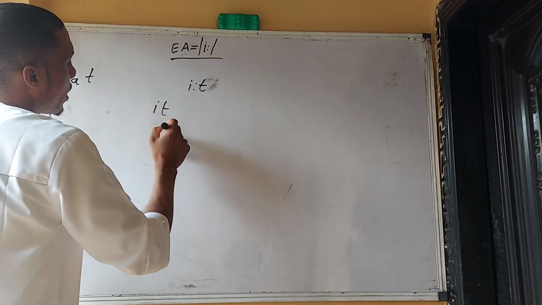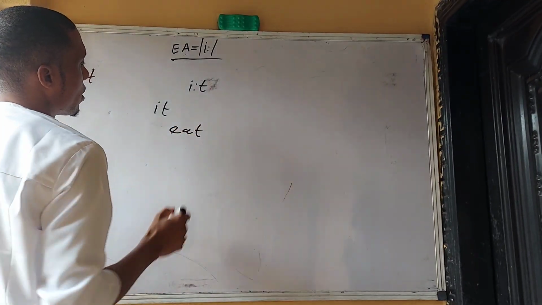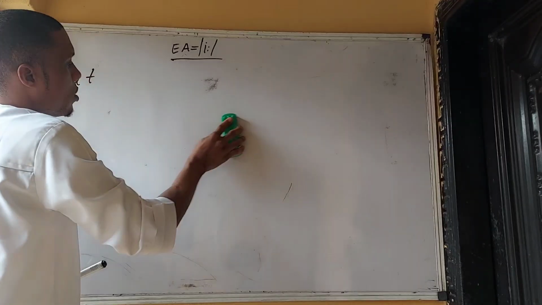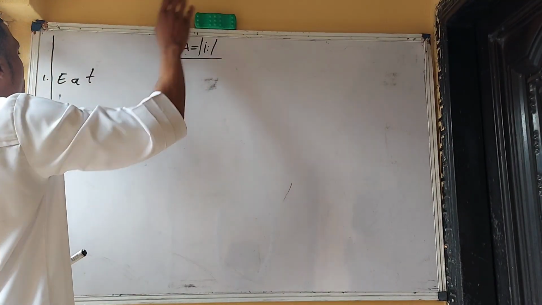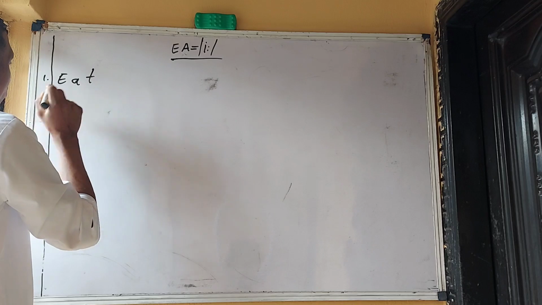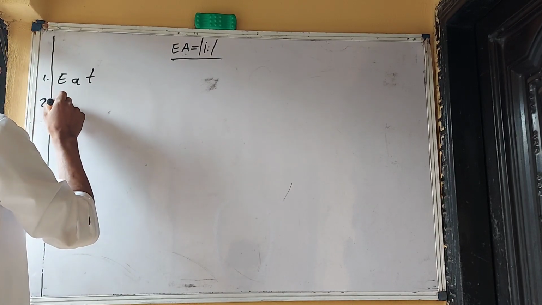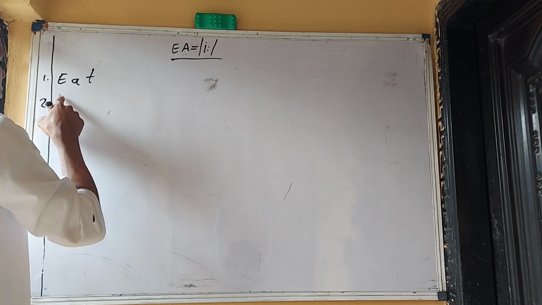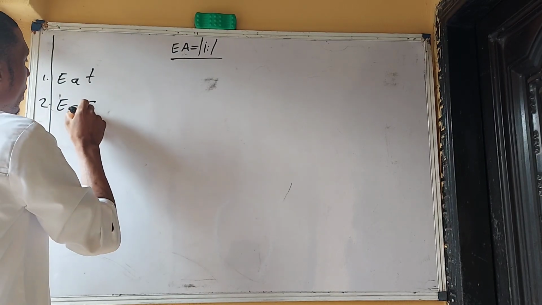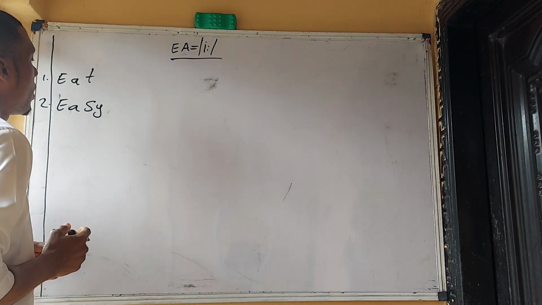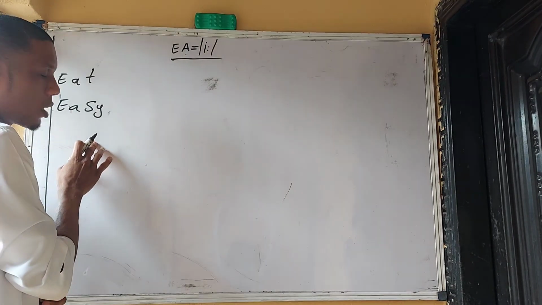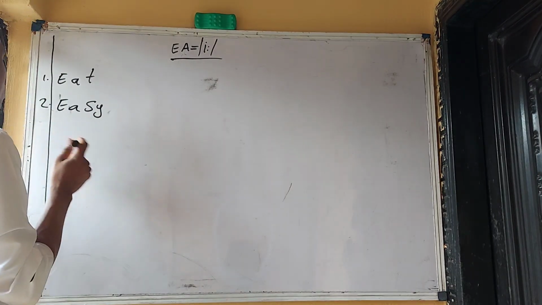This also sounds as what? Eat. Is that clear? I want you to note that now. So EA is taking what? E sound. Number 2, we have EASY. We have it to be what? Easy. Is that clear? Easy.